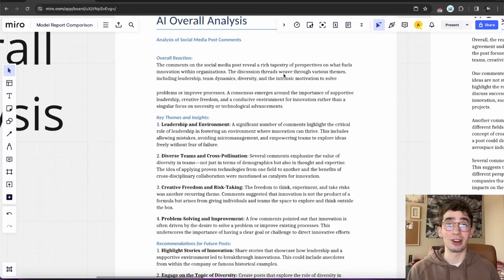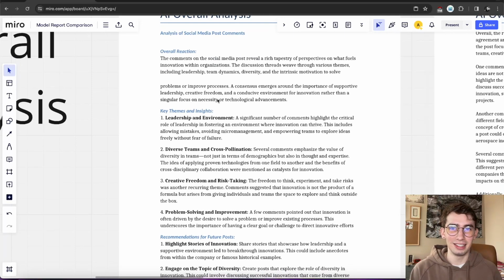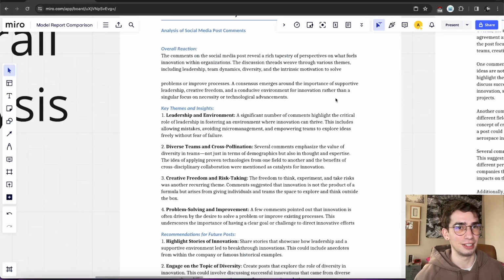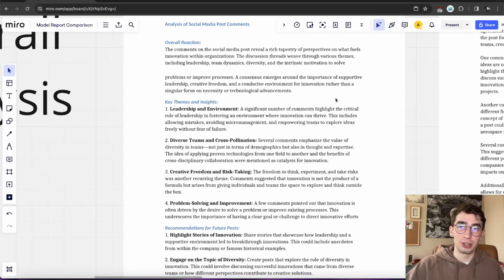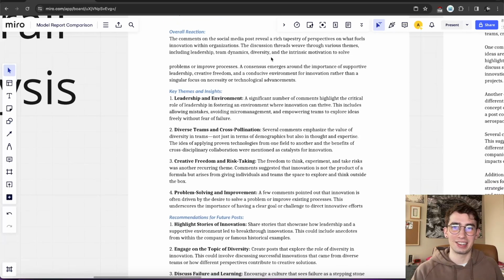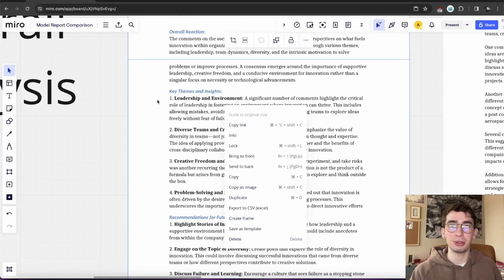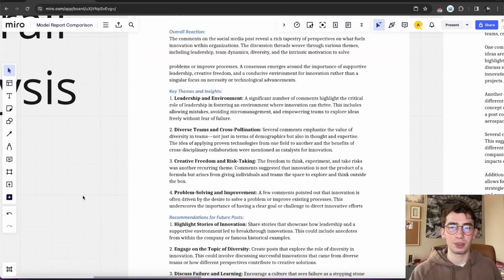The discussion threads weave through various themes," yada, yada, yada. So it did give a little bit of an adjective-heavy introduction with its overall reaction and summarization, but it was able to very clearly segment out a lot of these things.